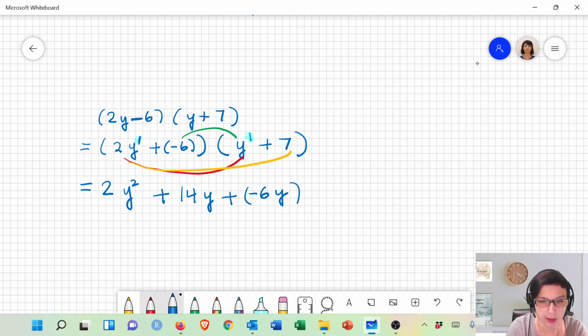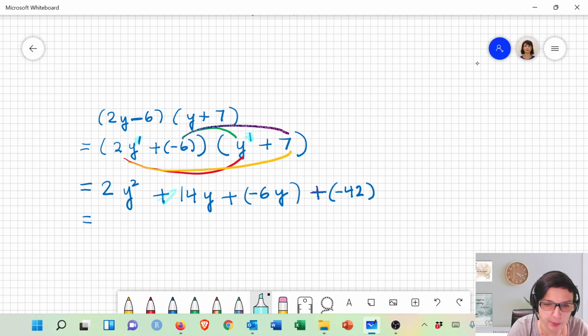Then finally last. Negative 6 times 7. I'm going to first of all put a plus, and negative 6 times 7 is negative 42. Use a calculator for that. Okay, so that's about it except like terms.